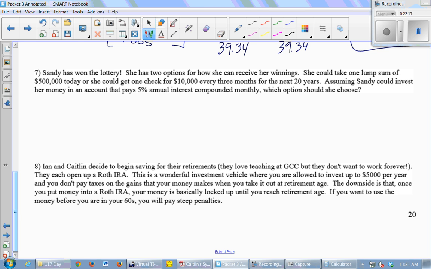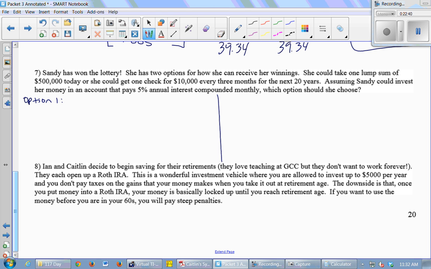All right, so let's look at option 1. Lump sum, right? She's going to put a whole chunk of money in this account at once. We talked about the compound interest formula several classes ago, and it looked like this.